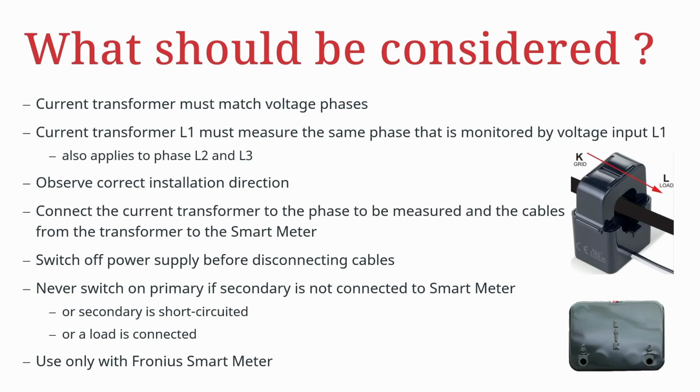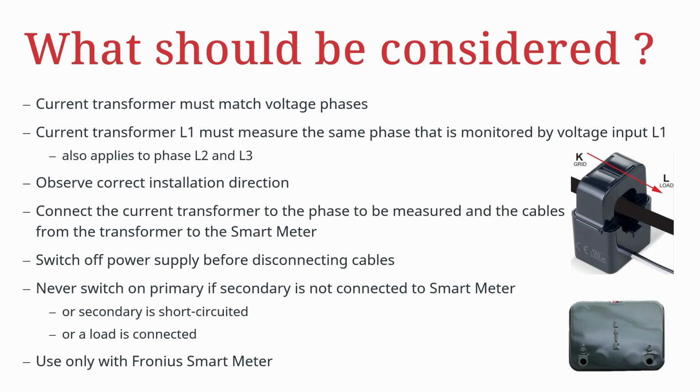You should always switch off the power supply before disconnecting the cables of your CT Vs. Also a very important piece of information: never switch on the primary if the secondary is not connected to the Smart Meter.